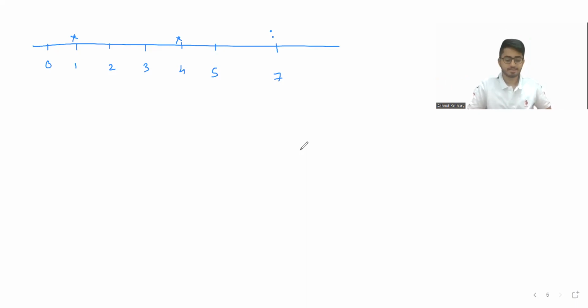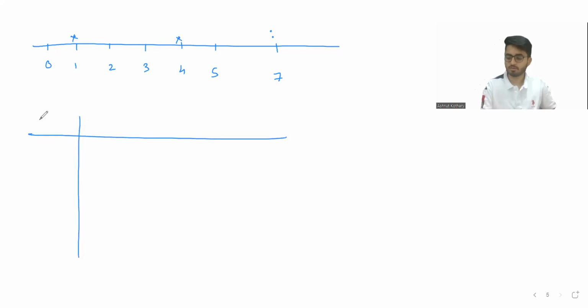Next, give the heading stem and leaf diagram. Now, this is another unique way to represent our data, where in the first column we have stem and in the second column we have leaves. The concept over here is, from where do leaves arise?